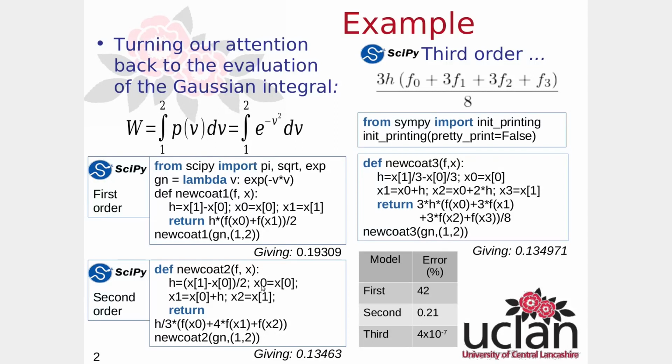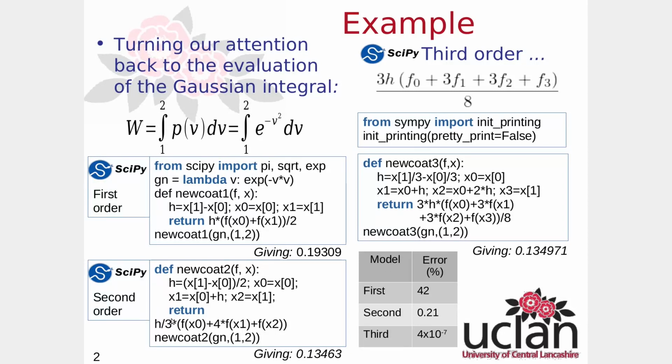And then x0 is put equal to the first value from the limits of integration. The interior point is calculated simply from the first point of integration plus h, and then x2 is put at the end of the integration interval.